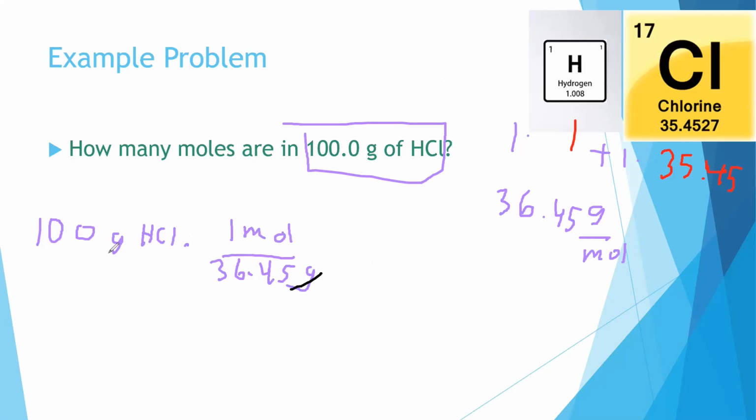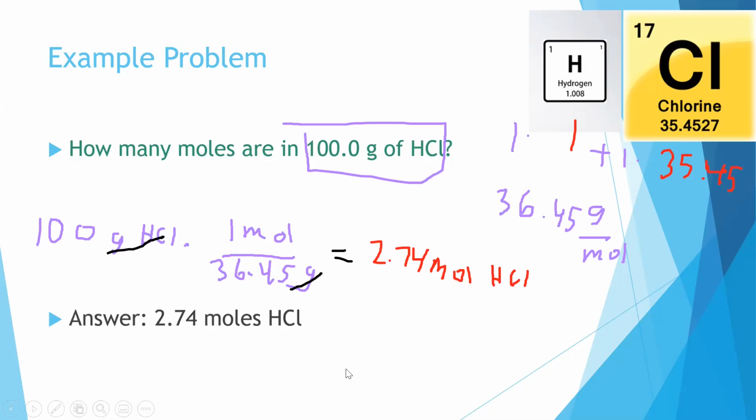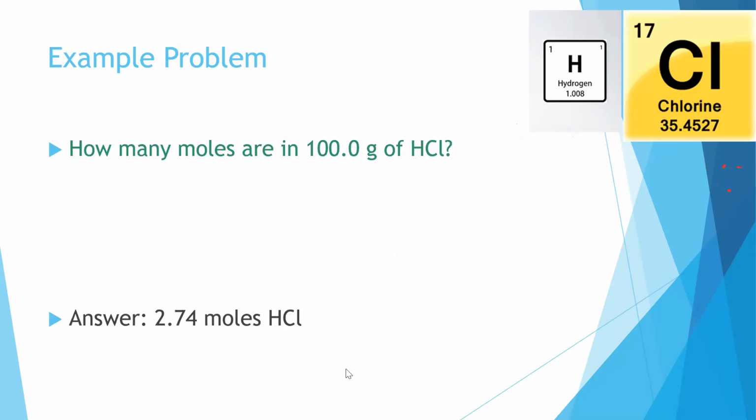So grams cancel out with the grams. And what we're left with, if you do the calculation, is 2.74 moles of HCl. And yep, that's what the answer says, so that's good. So this one wasn't too bad.